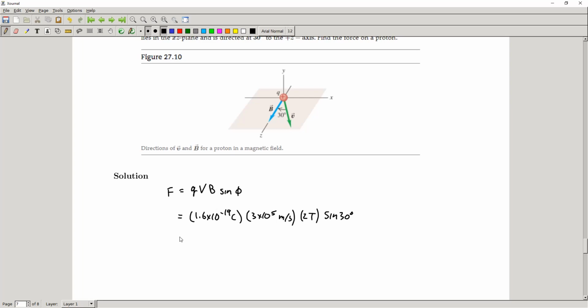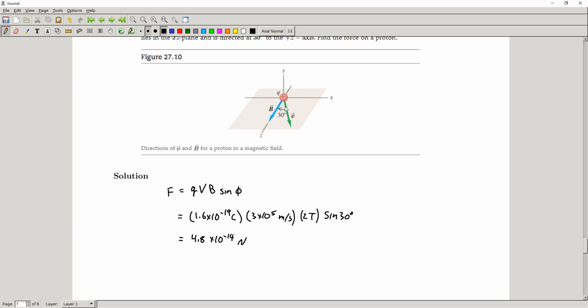If we do that calculation, I won't simplify it any further. We'll just go in one step here. If we do that calculation, we're going to find 4.8 times 10 to the minus 14 newtons is the force experienced. And could we find the direction of this? We could easily find the direction of this, right? We would just use the right-hand rule, place our right hand on V.